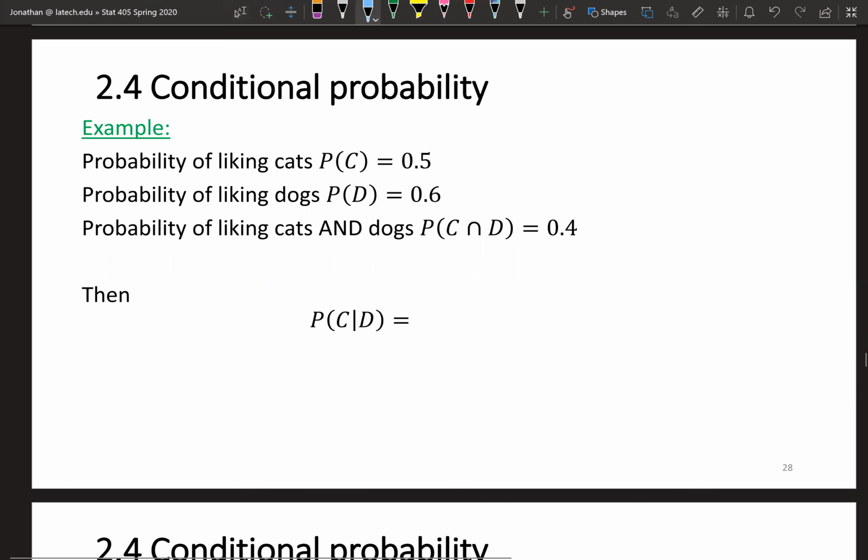This is the probability that you like cats and you like dogs. So you like cats and dogs. That's a different question than saying, what's the probability that you like cats given that you like dogs? So this is going to be the probability of C intersect D divided by the probability of D. So the probability of C intersect D we could say is 2/5.